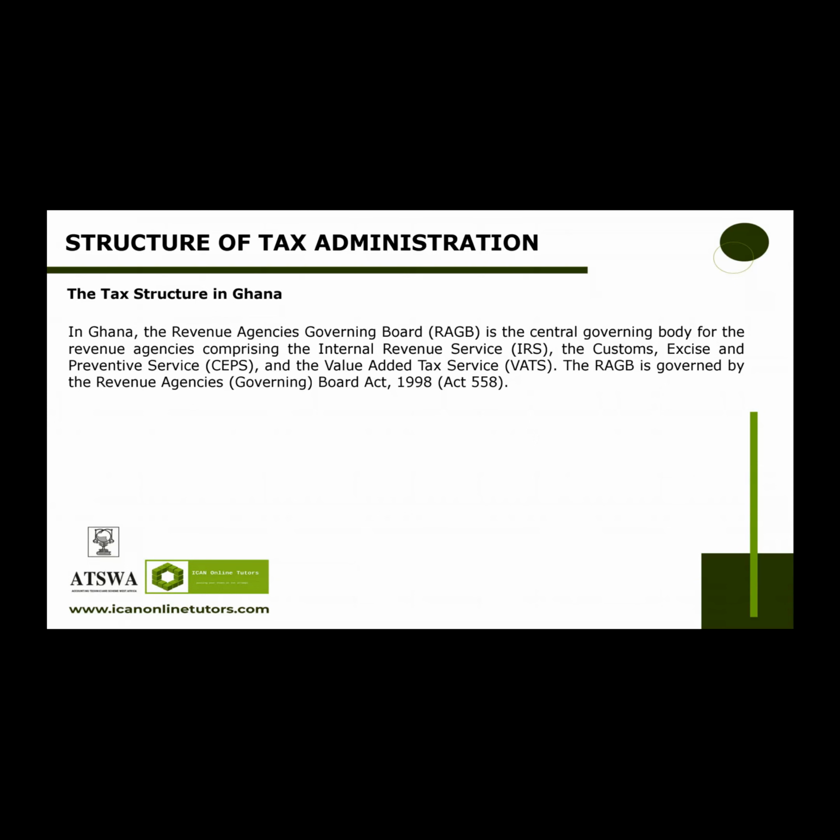So each tier of government in Nigeria has its own administrative body. For the federal government, we have the Federal Inland Revenue Service, and for the state government, we have the State Internal Revenue Service. And for the local governments, we have the Local Government Revenue Board.